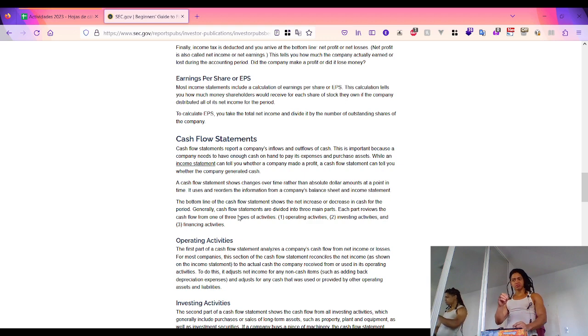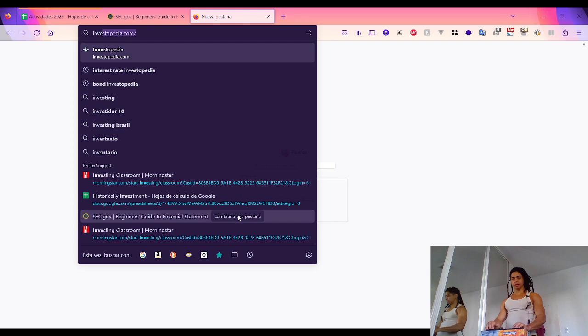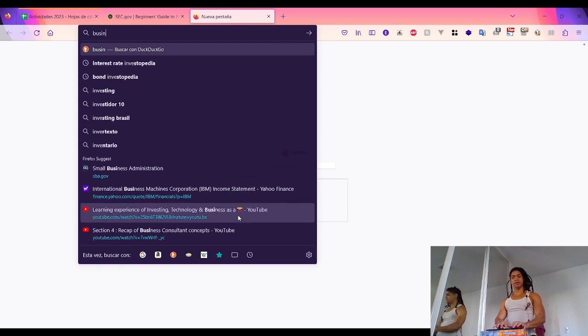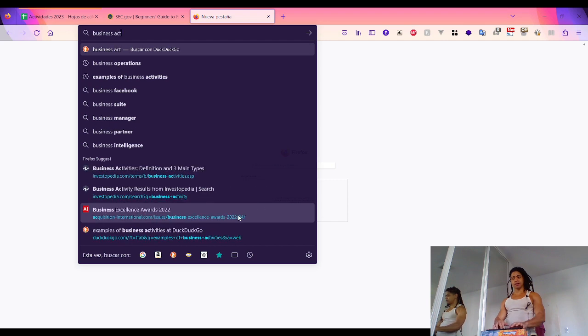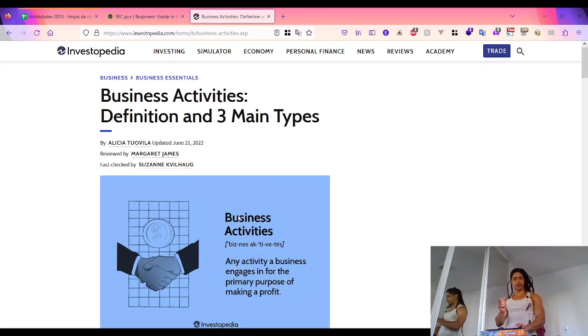So I look at Investopedia here, and I look for the definition of business activity. Business activities, what is it? There you got it, right? The definition of business activity is any activity a business engages in with the sole purpose to earn a profit.